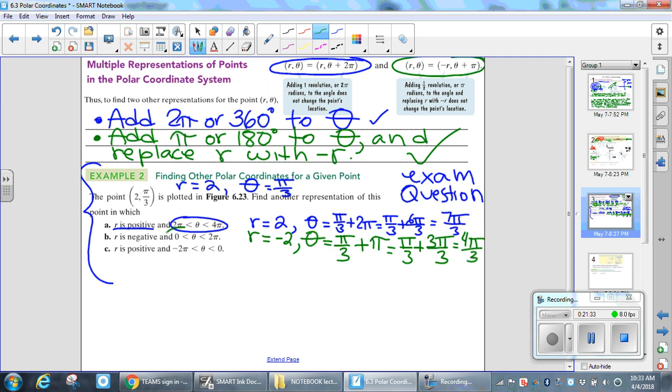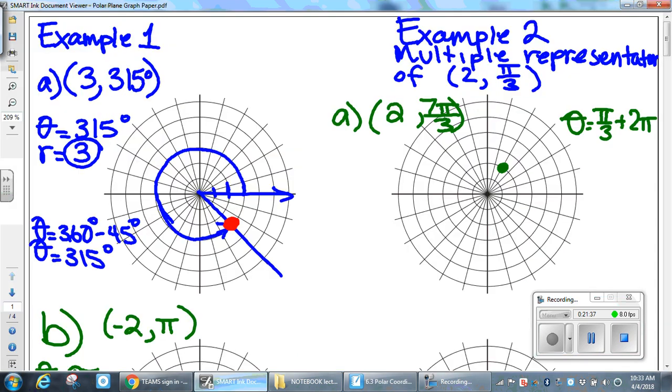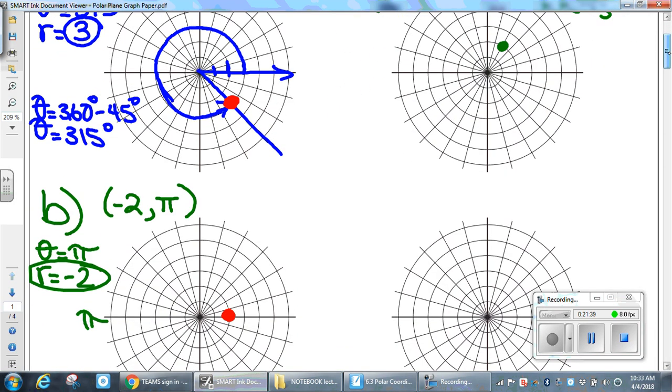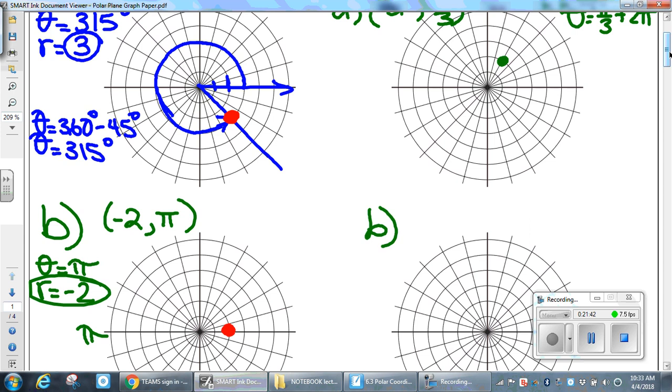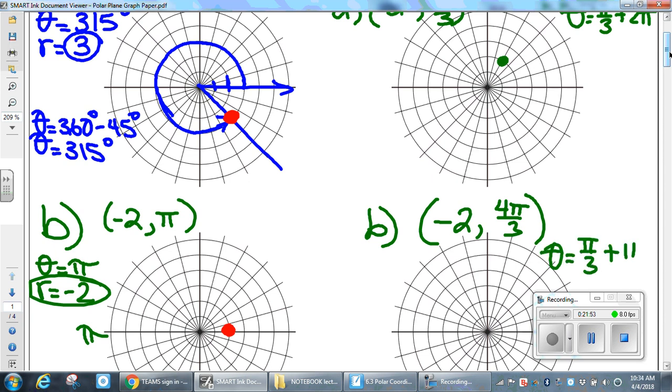So let's see if it's true. So in this case, we made R negative, and this is 4π/3. And how do we get theta? By doing π/3 plus pi, remember?